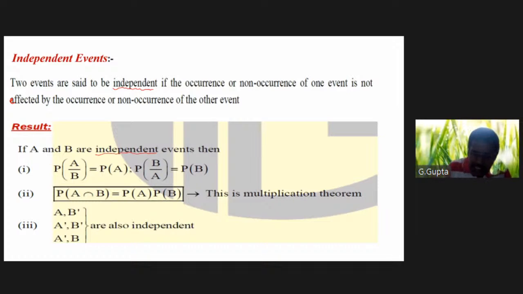That is P of A into P of B by A, or P of B into P of A by B. But just now, P of A by B is equal to P of A, P of B by A is equal to P of B. So in the case of independent events, probability of the events A and B both occurring is nothing but the product of the probabilities. This is called multiplication theorem for independent events.